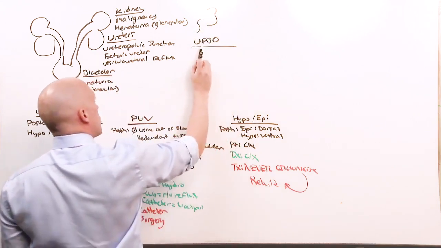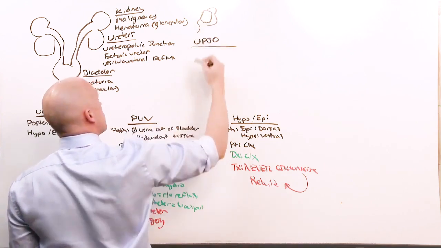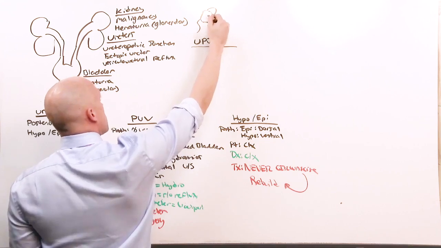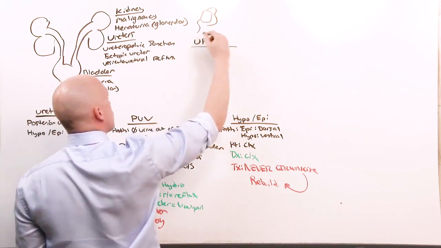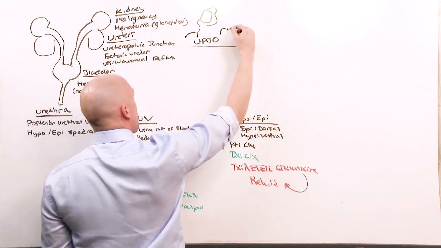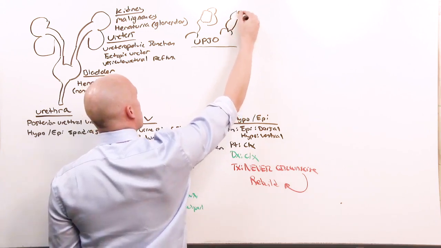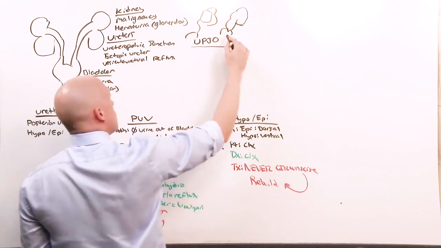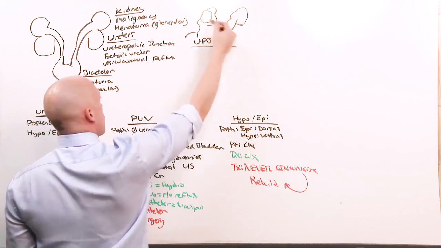At the uretero-pelvic junction, it's the renal pelvis that's obstructed. So you're going to get hydro of the kidney, but the ureter is the same. In uretero-vesicular, you're going to have some obstruction at the level of the bladder, so that you're going to have full hydro of everything. Uretero-pelvic, uretero-vesicular, it tells you where you are in the name.